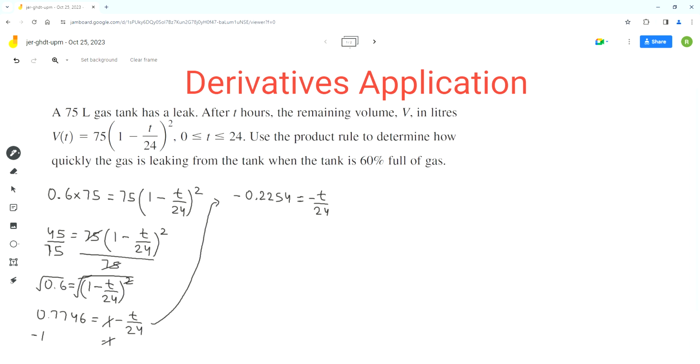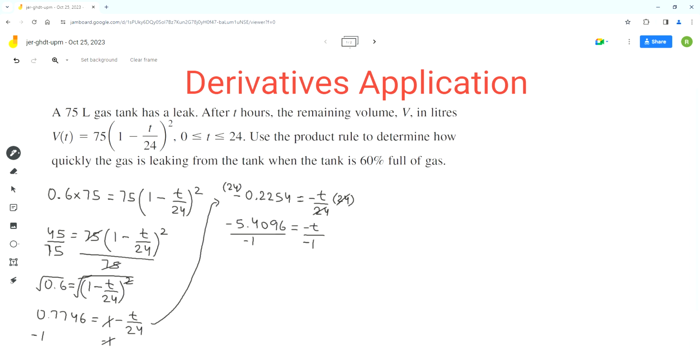Now we can get rid of the 24 by multiplying both sides by 24. So the 24s on the right side will cancel each other out, and on the left side we do negative 0.2254 times 24, which is equal to negative 5.4096 equals negative T. Now we can divide both sides by negative 1.